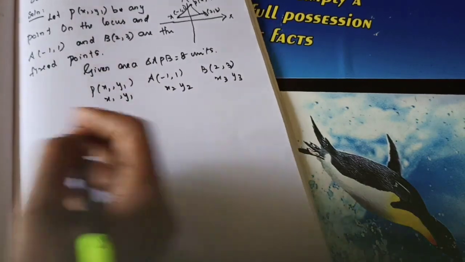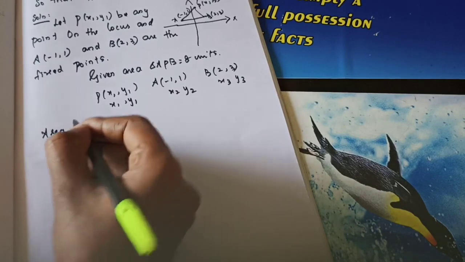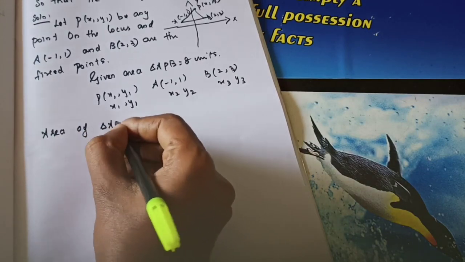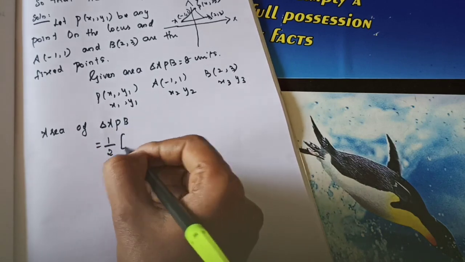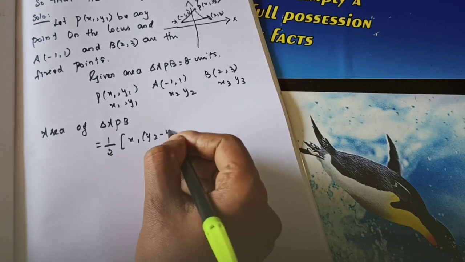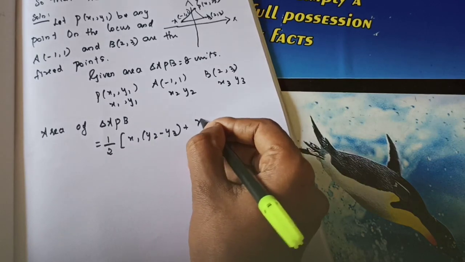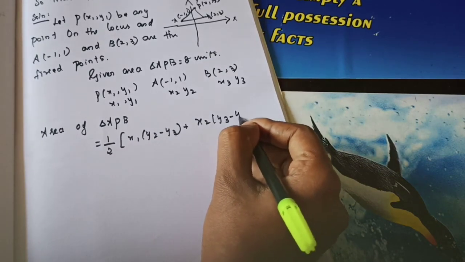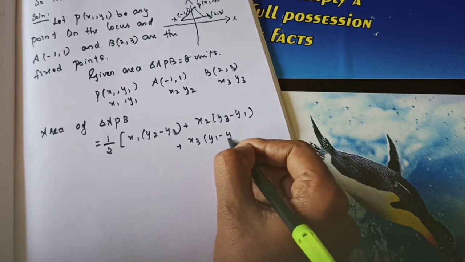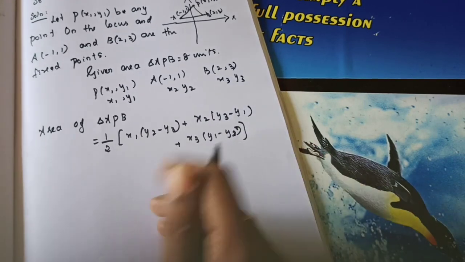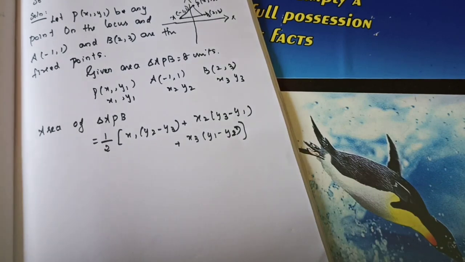Last year you learned the formula; I am writing it. The area of triangle APB in coordinate geometry is half into x1 into (y2 minus y3) plus x2 into (y3 minus y1) plus x3 into (y1 minus y2). Otherwise, one thing you do, children: learn this formula. That's all. Understand?